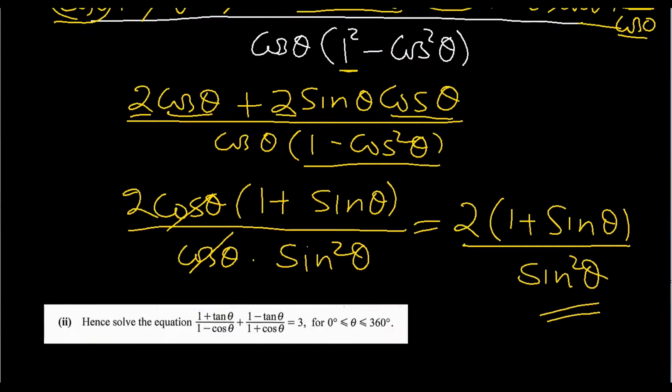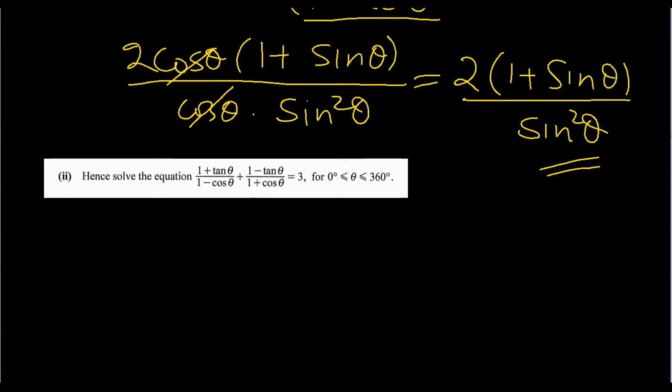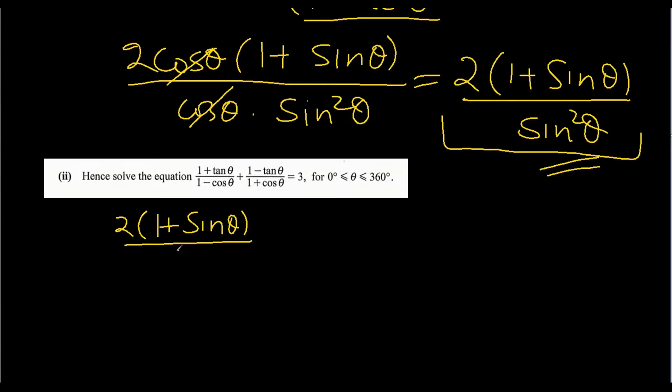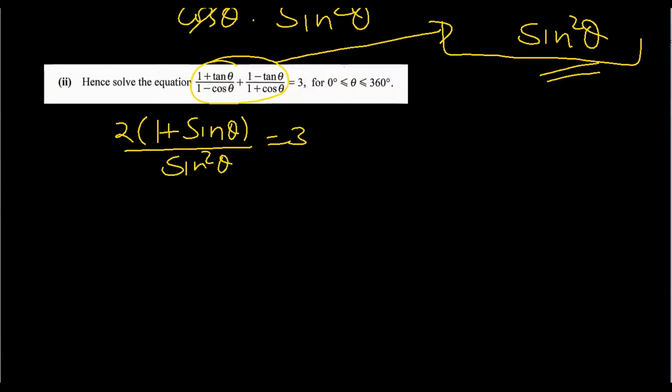There is a second part where they're saying, hence, solve this equation. Exactly same identity, left side. So we will write the right side that we got in the previous part. So 2, 1 plus sine theta over sine square theta equal to 3. Not this, because we have proved that this is equal to this one. Alright, so now let's cross multiply to get a quadratic equation in this case.